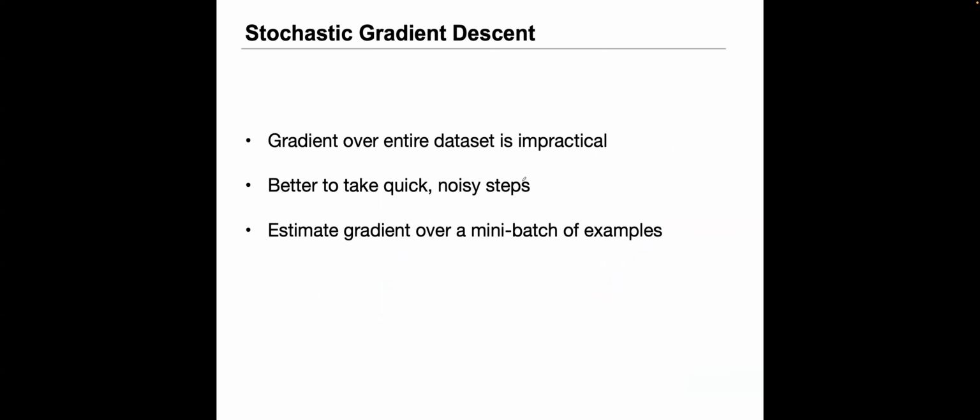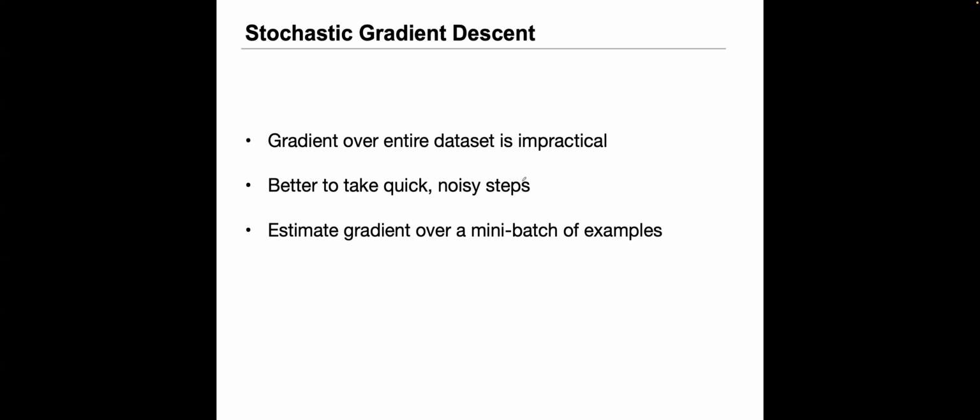And for the gradient descent, typically we won't compute the true gradient over the entire training data set, because usually those training data sets will be very large. Computing that is not very practical because of the computation and memory limitations. So we want to take maybe a shortcut. We can use a so-called mini batch of the examples.